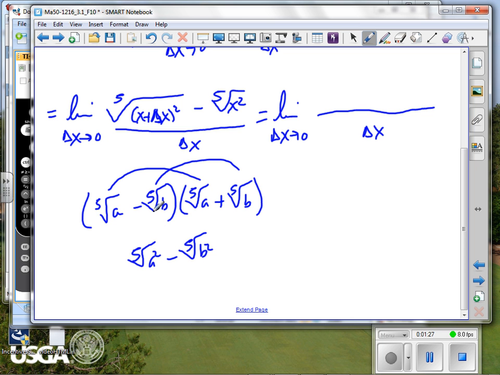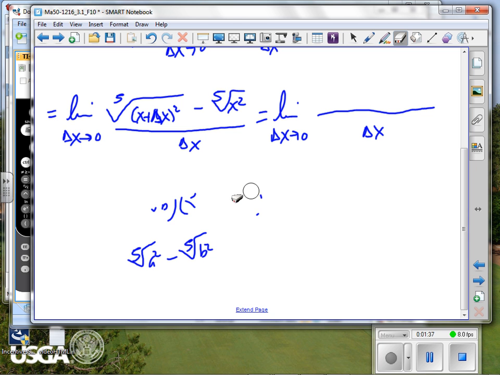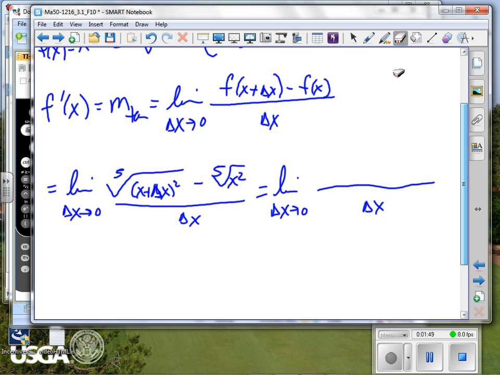The tendency is that whenever we see a radical, we just use the conjugate, but it doesn't always work that way. We'd have to do something else, and that something else would be so long and time-consuming that we've got to figure out another way of doing this. Okay, so we can't use the conjugate. What we can do is go back and use the alternate format.